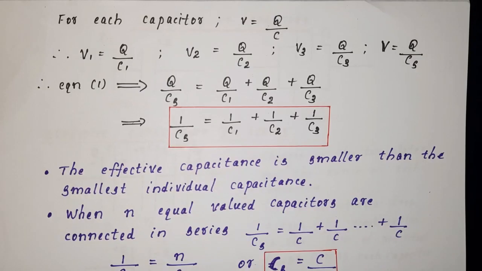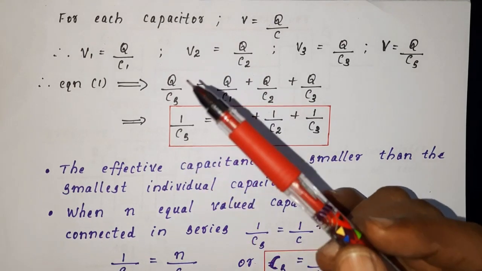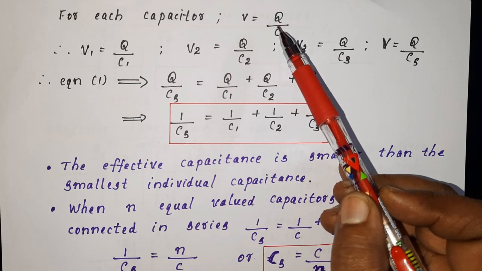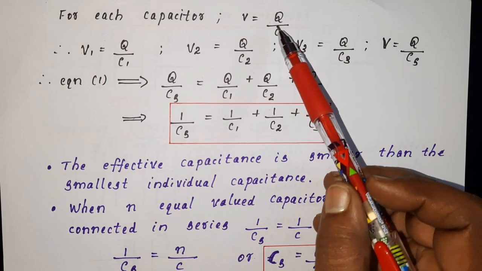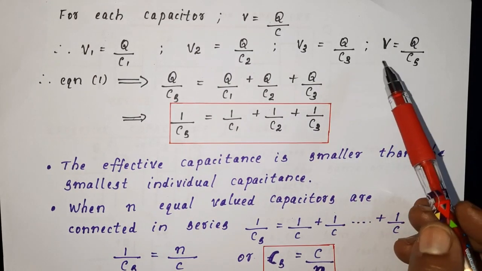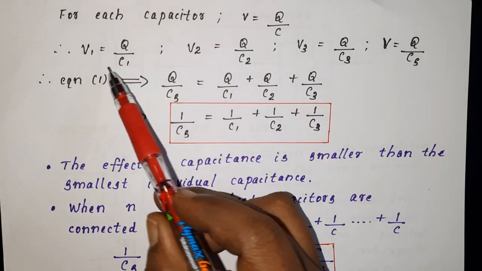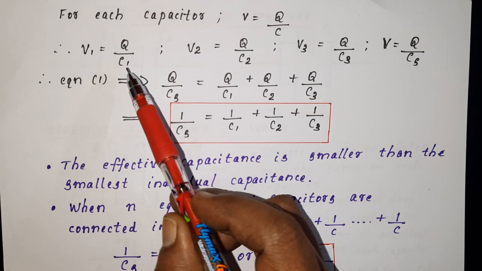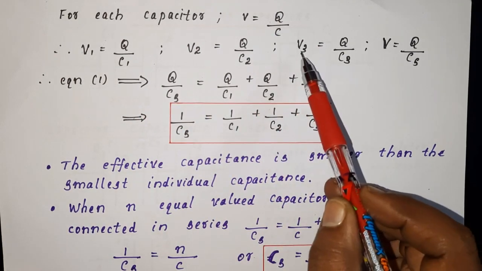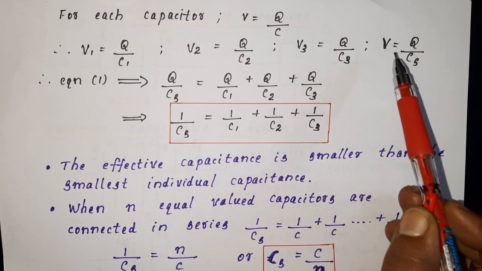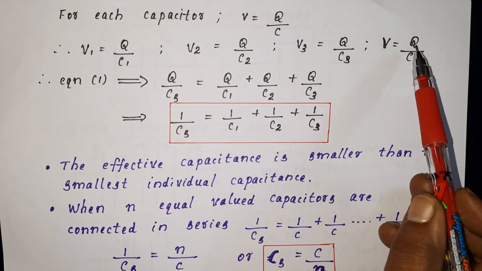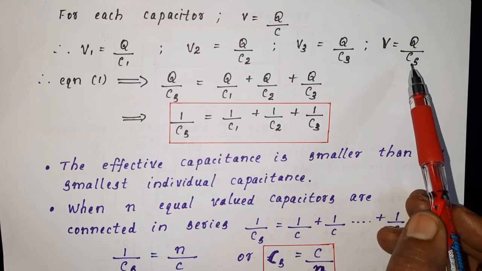Now for each capacitor we know V is equal to Q by C. This relation we can write for all the three capacitors and for the equivalent capacitor also. That is, V1 is equal to Q by C1, V2 is equal to Q by C2, V3 equal to Q by C3, and for the equivalent capacitor we can write V is equal to Q by Cs.